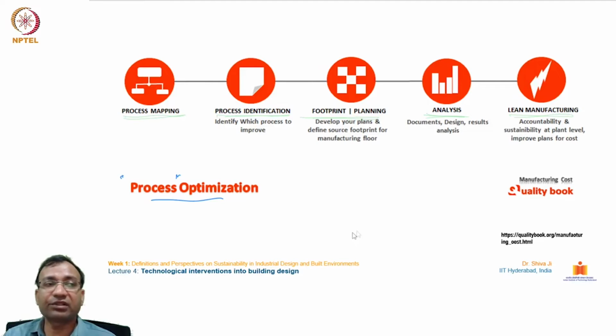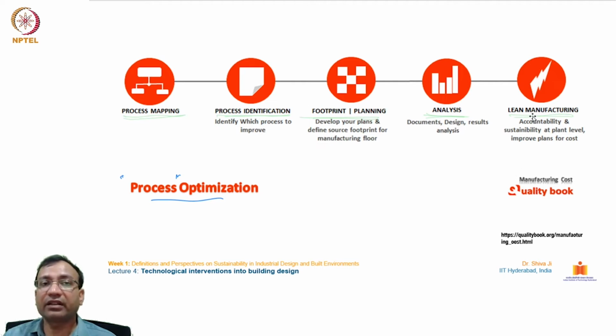Finally, on the process optimization, we can go for the mapping of the entire process. We can go for process identification, identifying which process to improve. We can go for footprint and planning, developing your own plans and defining the footprint for the manufacturing floor analysis, documentation, design, and results analysis part.